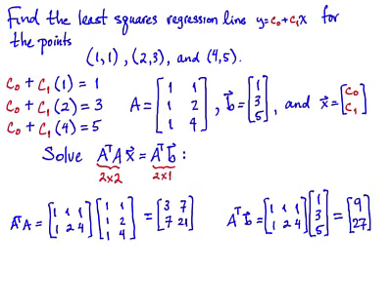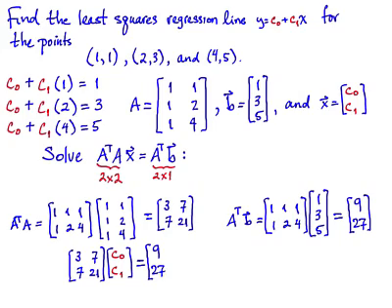Good. All right, so now let's set up that system. A transpose A times X is equal to A transpose B. So here's A transpose A, here's X, and there's A transpose B. All right. So now it's easy to solve this system. I solved it.